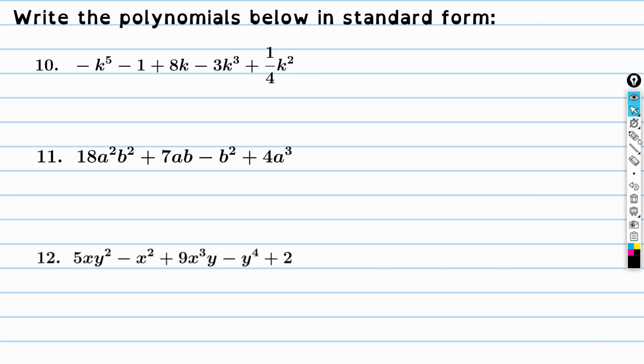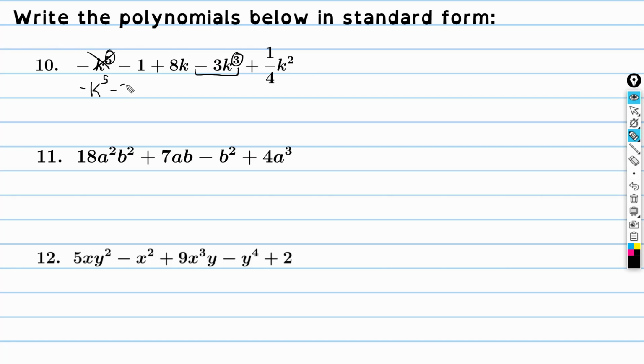So my highest power of this first one is to the fifth power. So that's the one I write first. That goes away. Its sign goes with it. So the next one we have is to the third power. So the whole thing comes with it.